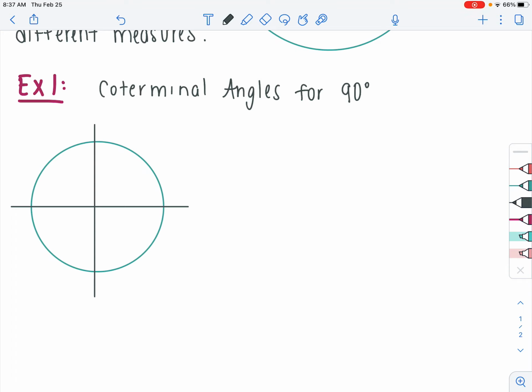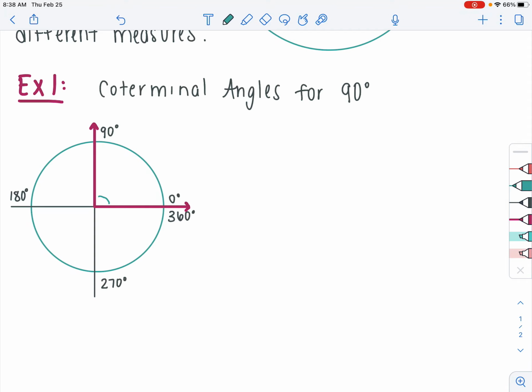We know that 0 is here, 90 is up at the top, 180, 270, and 360. So I know that my angle that measures 90 degrees has an initial side at 0 and a terminal side at 90. When I measured that angle, I rotated around counterclockwise 90 degrees, so the first quadrant.